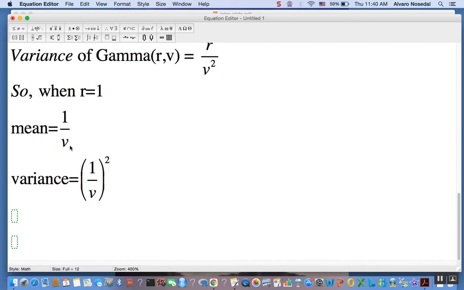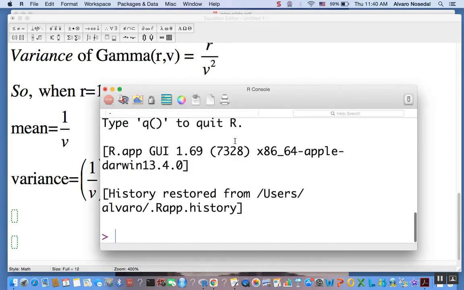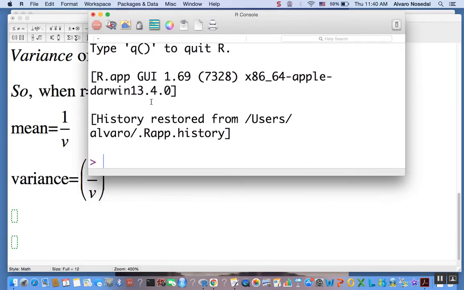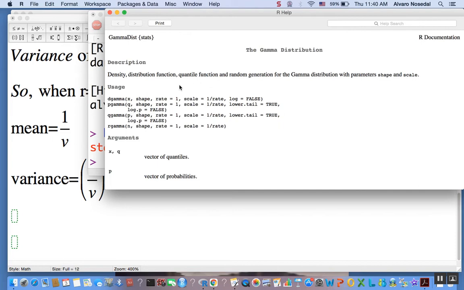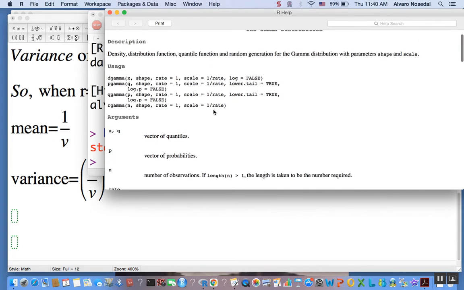We will do this using R. Since we're going to be using R to play around with these gamma distributions, it would be a good idea to find out what expression R uses for gamma distributions. So let's type help gamma, as in gamma distribution. So let's find out.